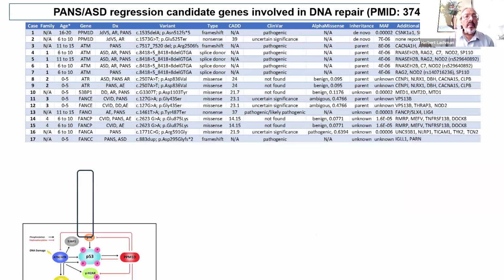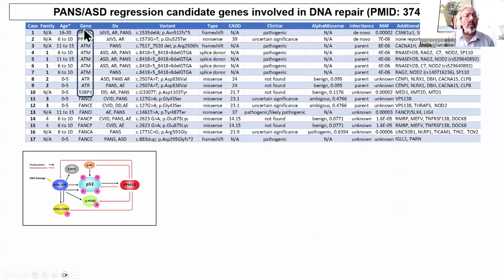This idea was cemented in our next study, where we found 2 other cases of Janssen-DeVries syndrome who had either PANS or acute regression, or in case 1, both, as well as mutations in a couple of families with ATM and ATR mutations. The ATM mutations are the most substantial, the clear pathogenic mutations.